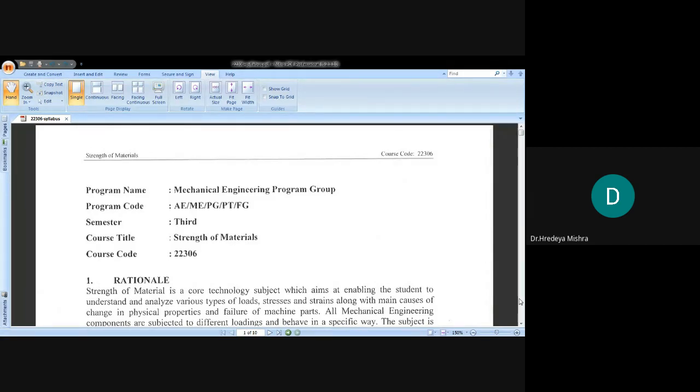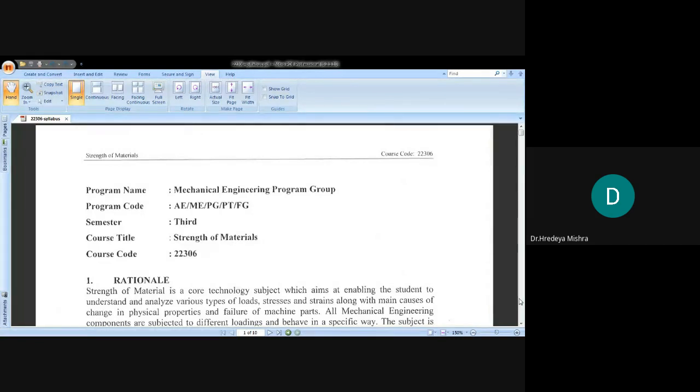Almirah, boxes, bicycle, pen, pencil, whatever hardware you see belongs to mechanical engineering. And for designing these things, we have to have thorough knowledge about materials, meaning this subject, strength of materials.